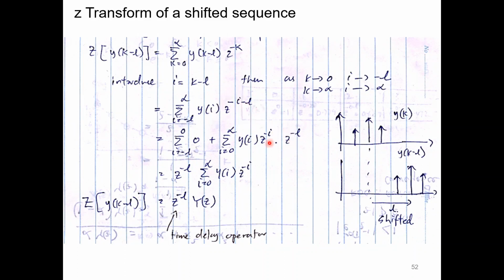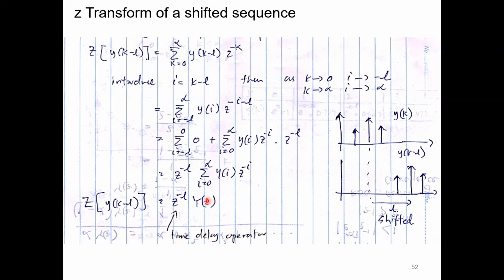So you break this into two terms. i is the variable time index and L is a constant. So you can take z to the minus L in front of this. And then what remains here is the definition of the Z transform: i equals 0 to infinity, y(i) z to the minus i. So this is the definition of the Z transform.